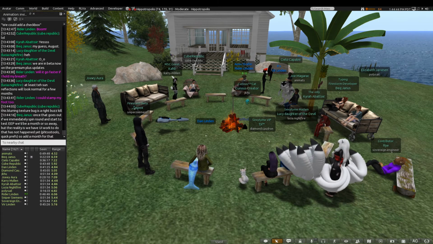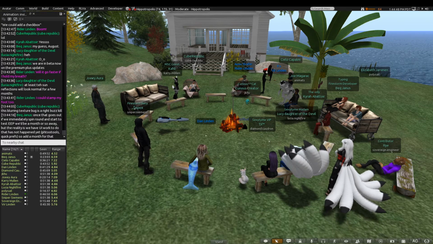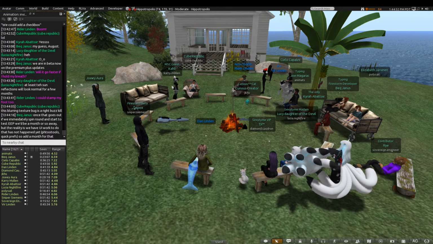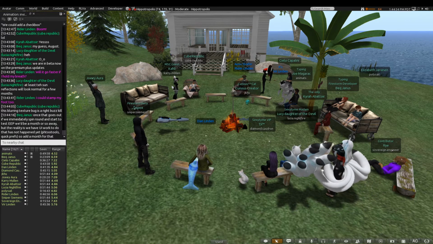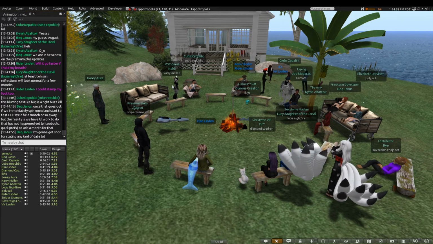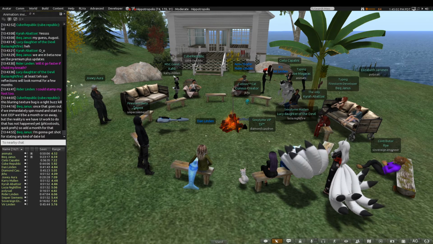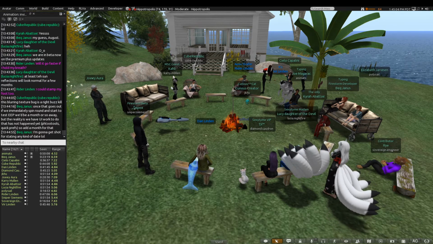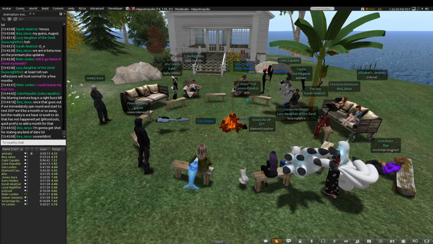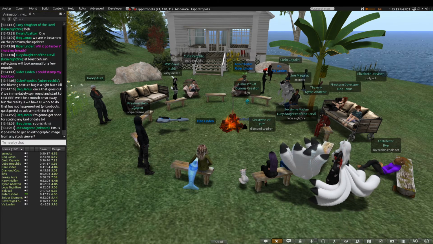Yeah, your photo tools will have to change. You could always do what I do, Beck. Soon. Yes, exactly.